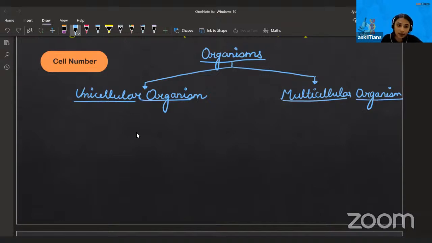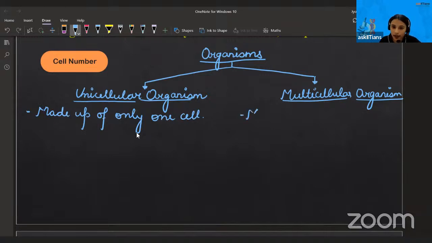So unicellular organisms are those organisms which are made up of only a single cell or one cell, right? And multicellular organisms are those organisms which are made up of more than one cell. It can be two, three, hundred, billions, trillions, but more than one, right?